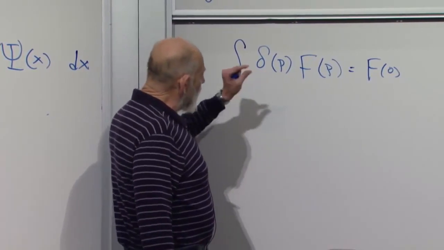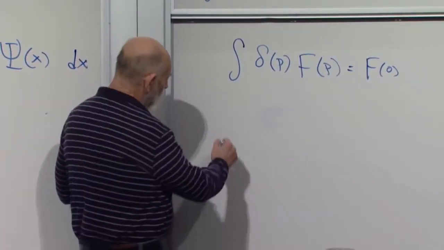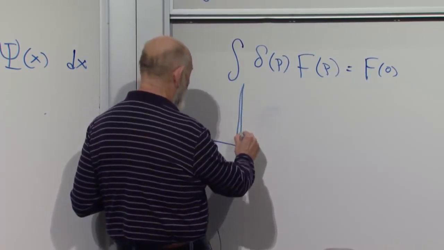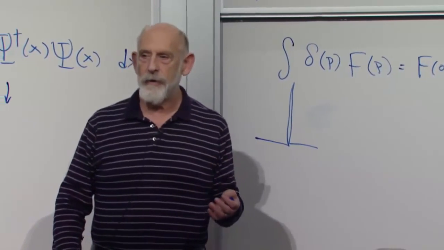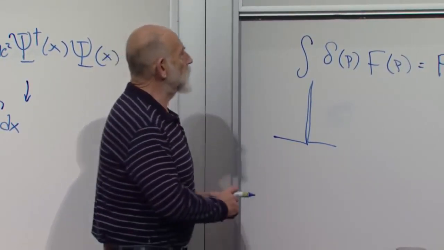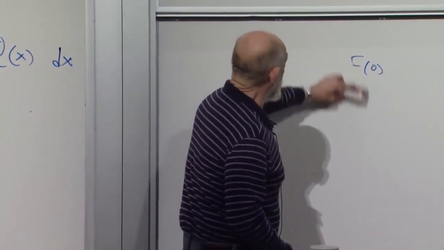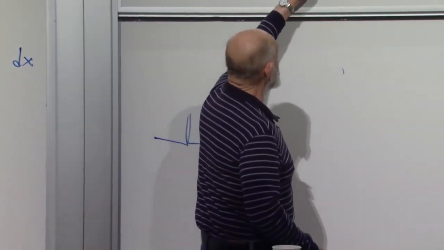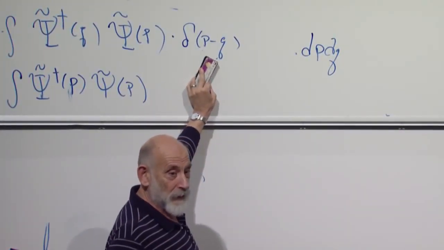The fact that it's infinite but of 0 width. See, it's a thing which is infinitely high but infinitely narrow. The area under it is 1 unit. So it doesn't give anything infinite, it just gives back the function. And in this case, it just tells you set p minus q equal to 0, which is the same thing as setting p equal to q.